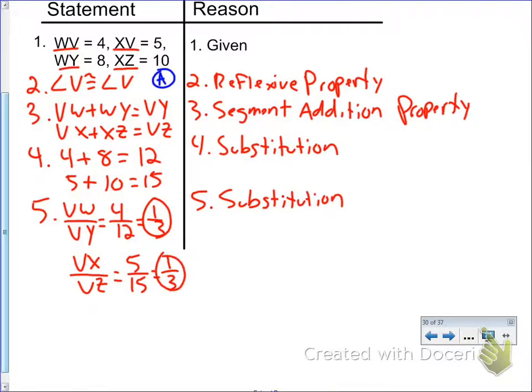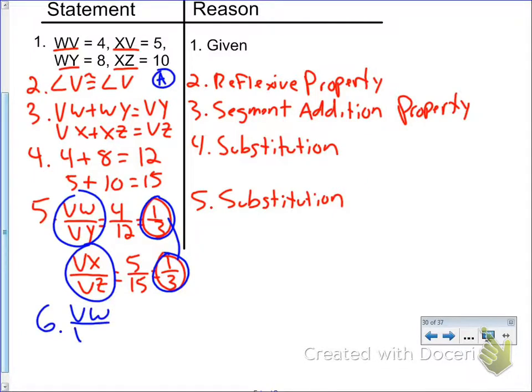Now we notice that the ratio for both of these is exactly the same, which is what I want to happen. So since VW over VY is equal to 1/3, and VX over VZ is equal to 1/3, we can go ahead and say that VW over VY is equal to VX over VZ.